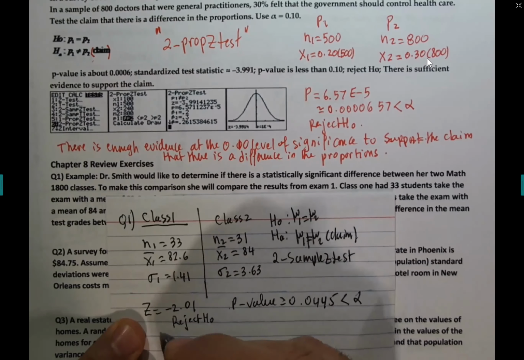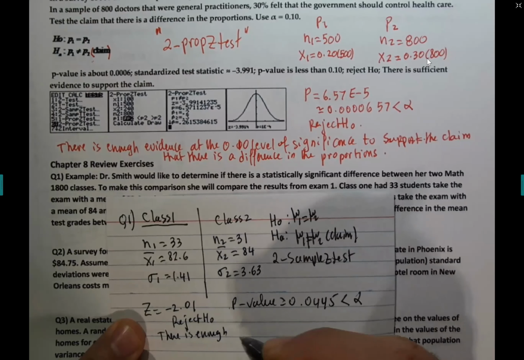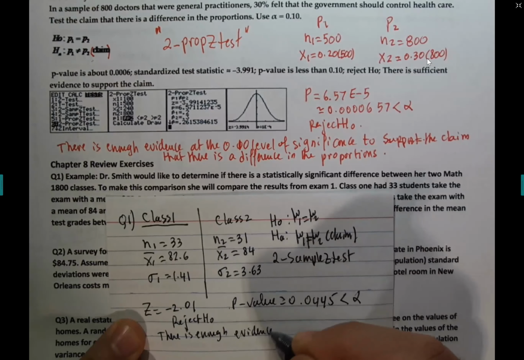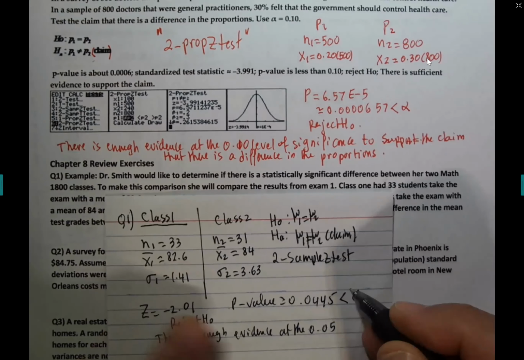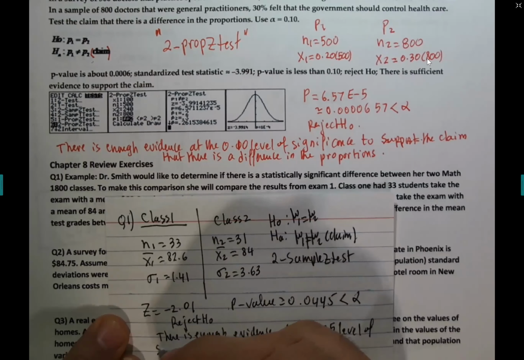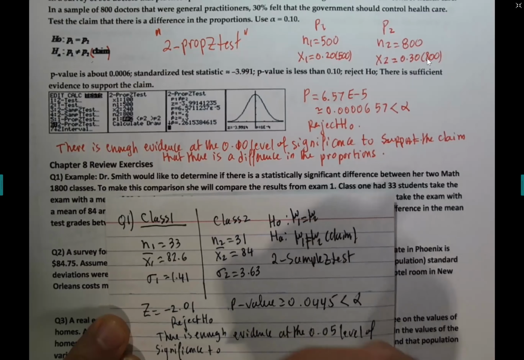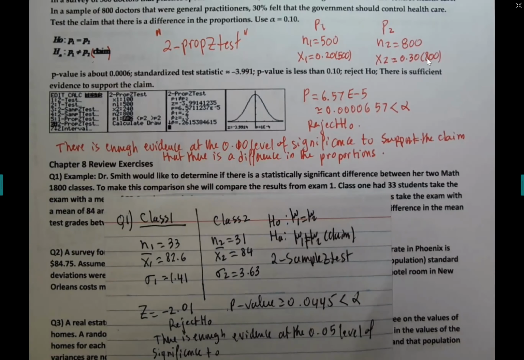And you start: there is enough evidence at the 0.05 level of significance to what, guys? The claim is in H1, HA. Support.